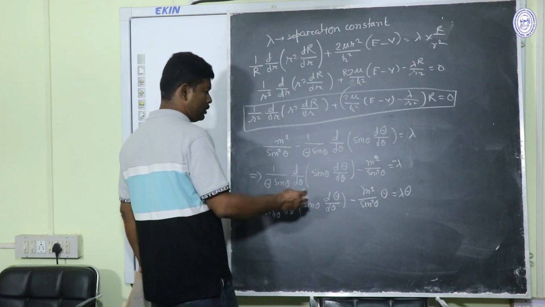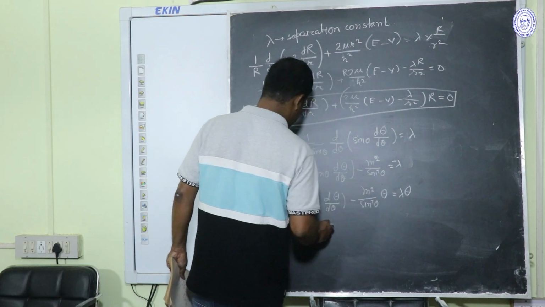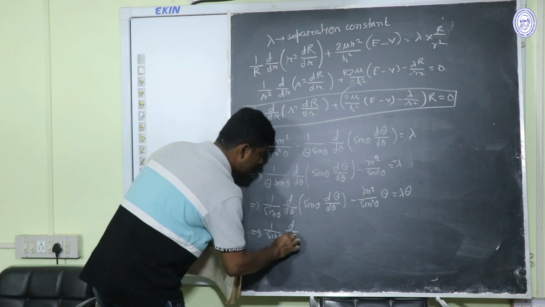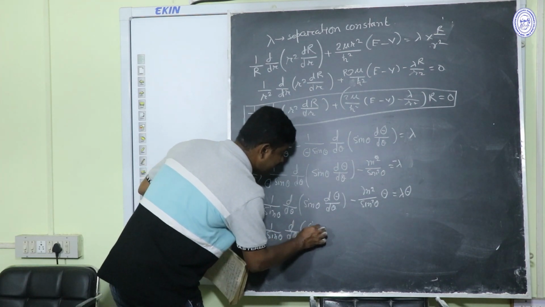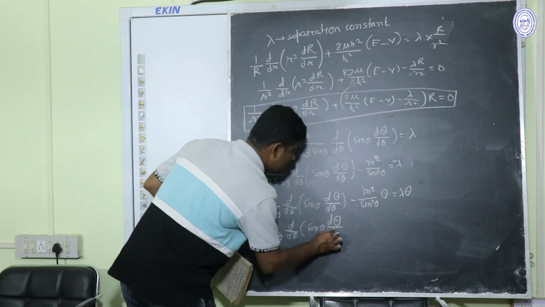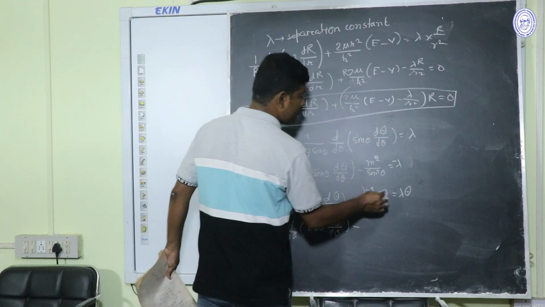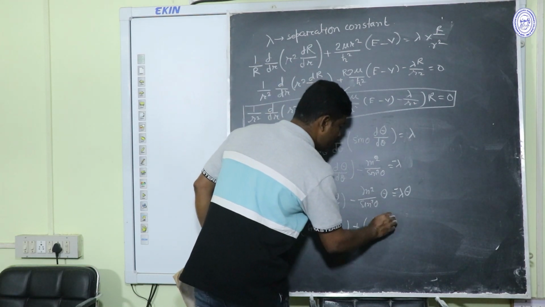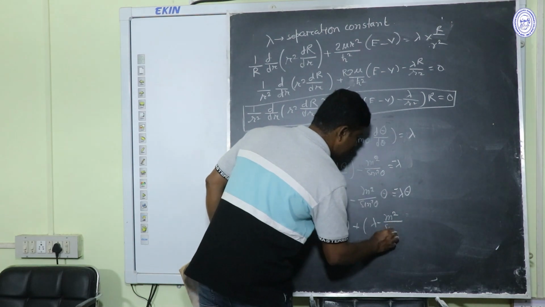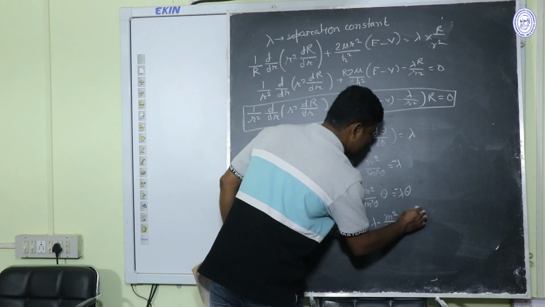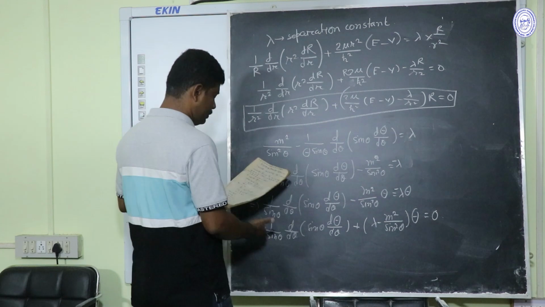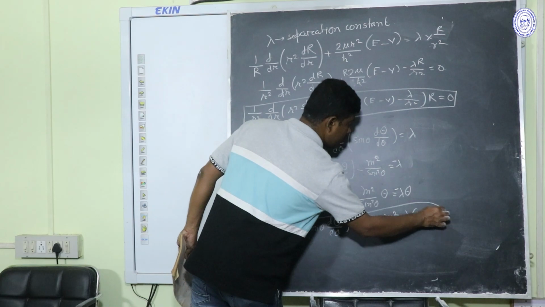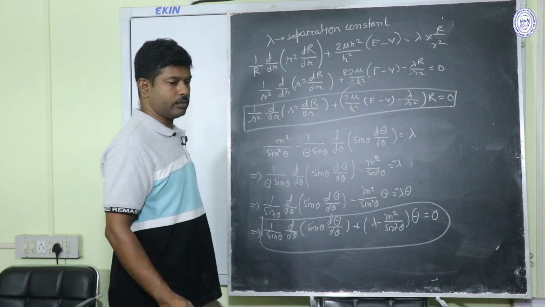And if we take it to the left side, we will get 1 by sin theta d/d theta of sin theta d capital theta by d theta plus (lambda minus m square by sin square theta) capital theta equal to 0. So this is the theta dependence part of the wave function of the electron.